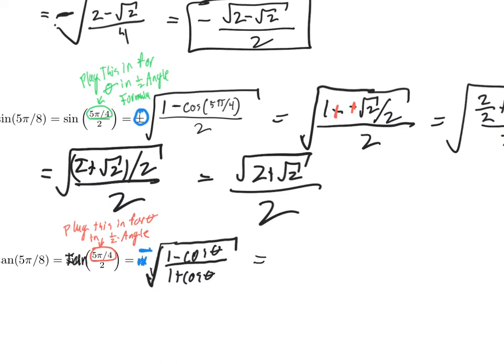And now we know what cosine of this theta is. Oh, sorry, I said I would plug a thing in, and then I didn't actually plug a thing in. So that theta is 5 pi over 4. And what is the cosine of 5 pi over 4?